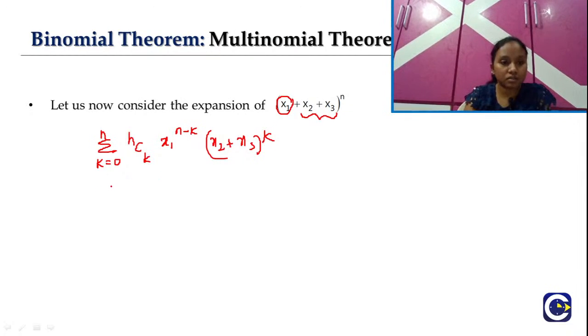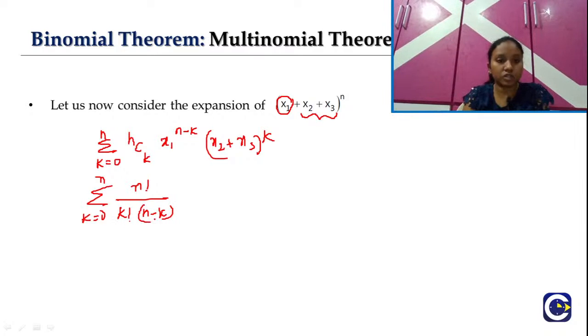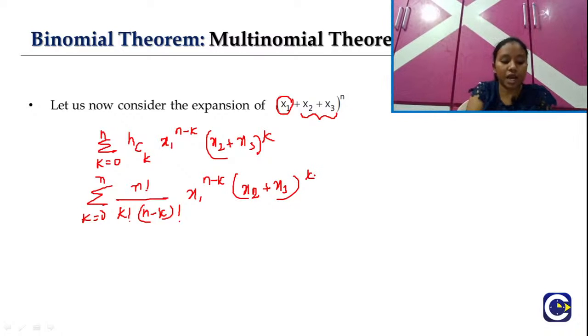This can be written as sigma k equal to 0 to n, n factorial by k factorial (n minus k) factorial, x1^(n-k) (x2 + x3)^k. Following a similar pattern to the previous one, this inside term we can also expand. Here we have two terms, so this is also a binomial, and we can expand it.